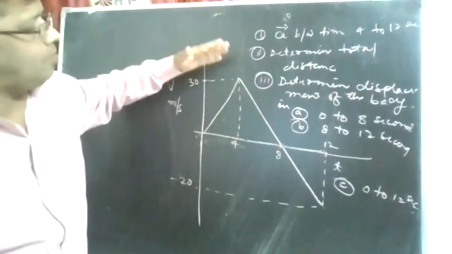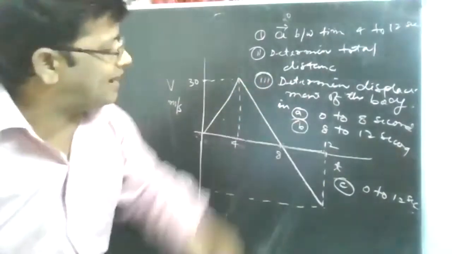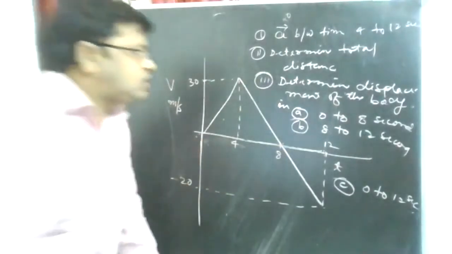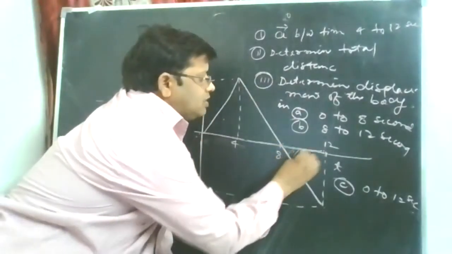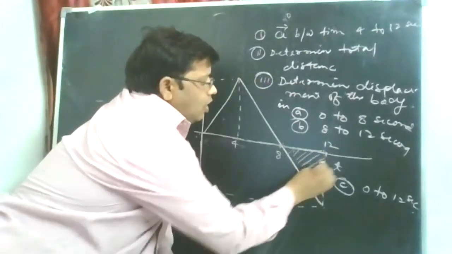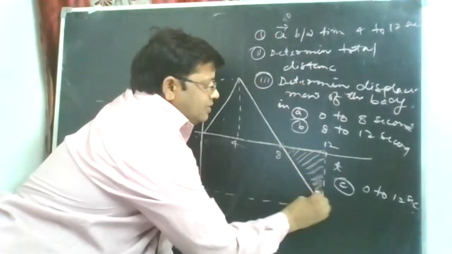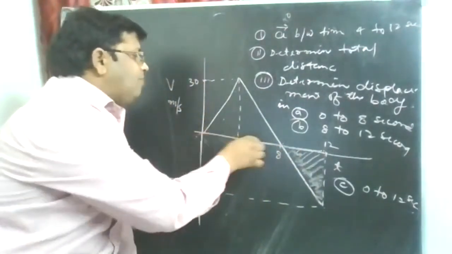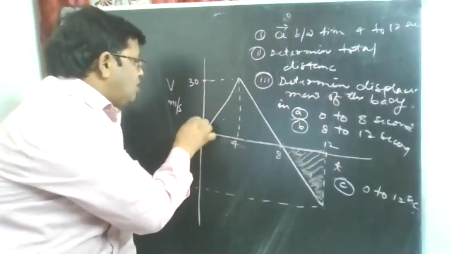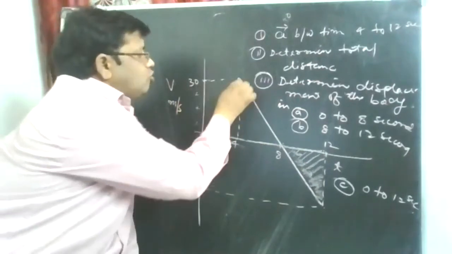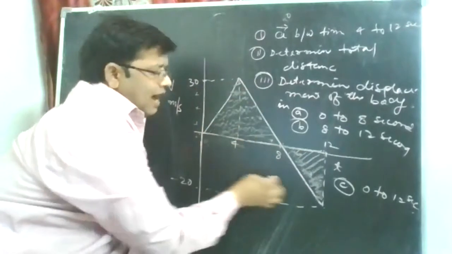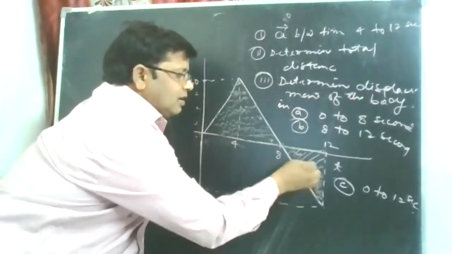But after 8 seconds the velocity becomes negative, so the displacement is negative. This whole area represents negative displacement, and above the time axis the velocity is positive, so this displacement is positive and this displacement is negative.